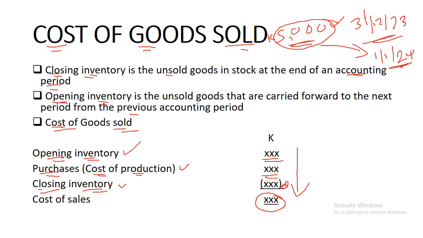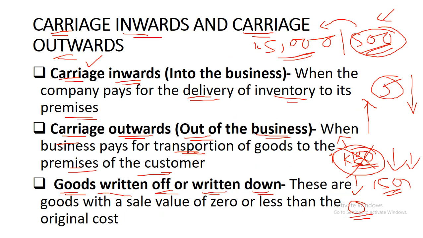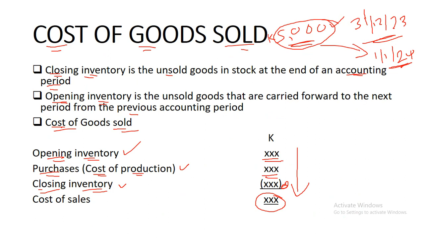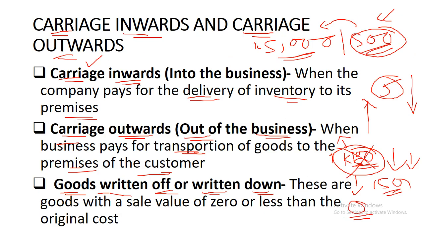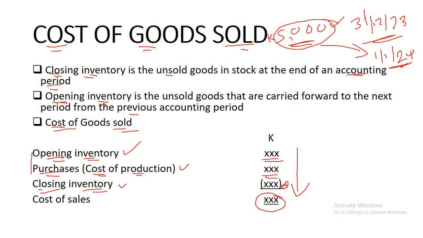So we've got the cost of goods sold. This is just the cost of sales, which includes the opening inventory and the purchases. The other thing that you need to know is that the cost of goods sold also includes the carriage inwards. The cost that is spent on the carriage inwards is also included in the cost of sales, and then you deduct the purchases returns, the amount of goods that you take back to the supplier, the purchases returns or returns outwards.